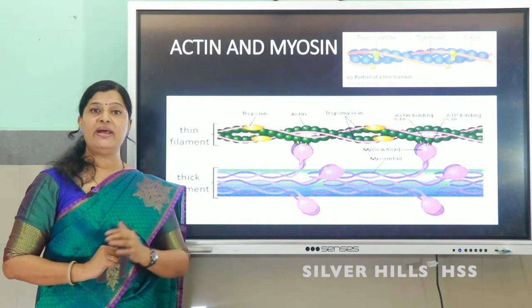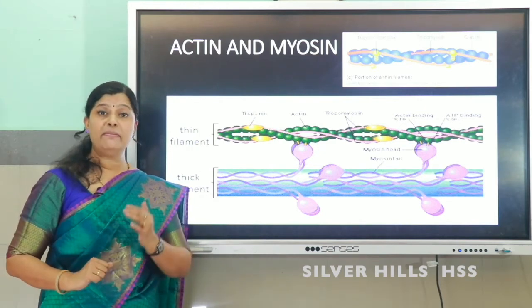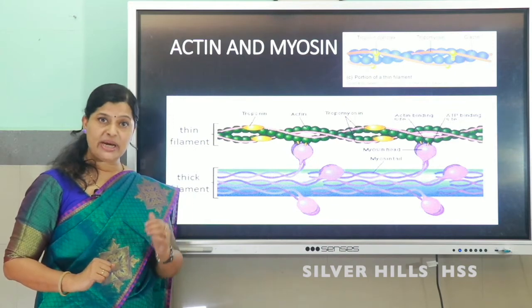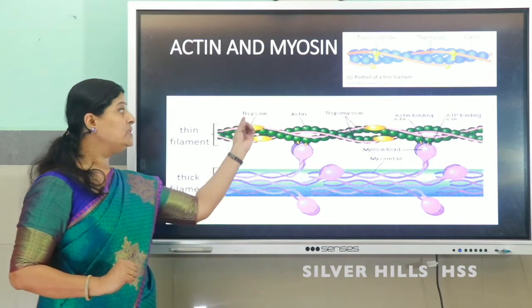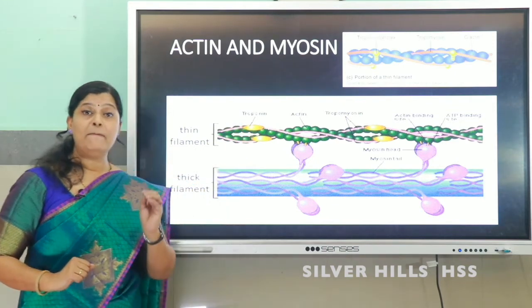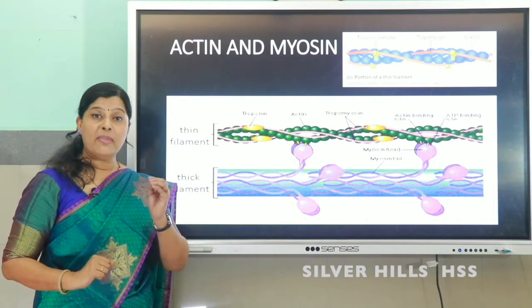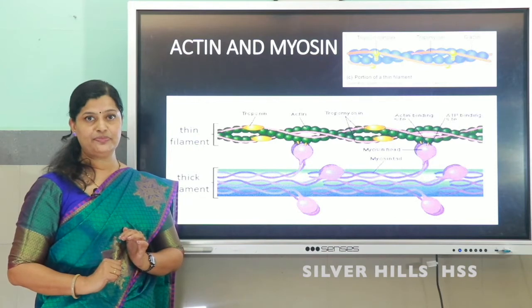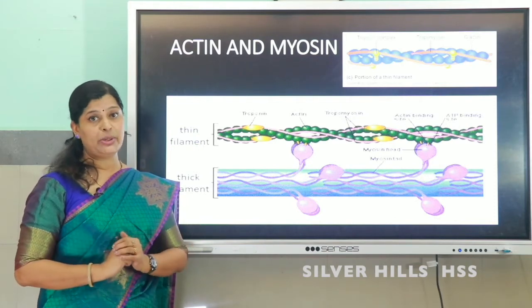Actin filament has a myosin binding site. So when the muscle fiber is at rest, this troponin will bind with the myosin binding site of the actin filament.